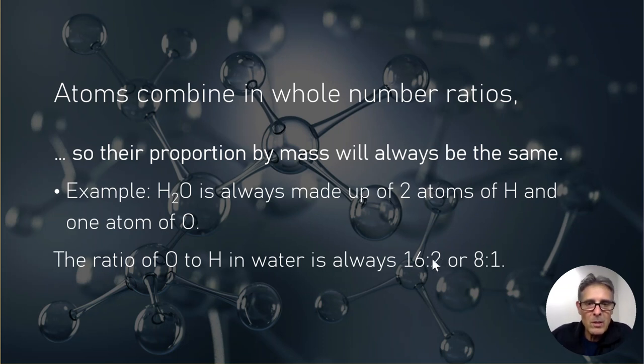So 1.01 times 2 is still going to give you 2. If we simplify that, now we have the ratio of 8 to 1. And so the masses that we're talking about will always have a ratio of 8 to 1 whenever you're dealing with water.